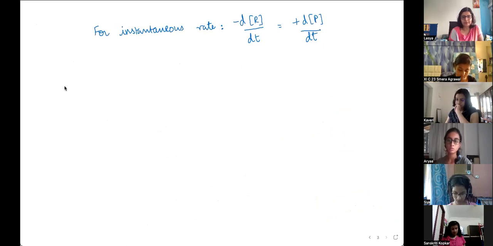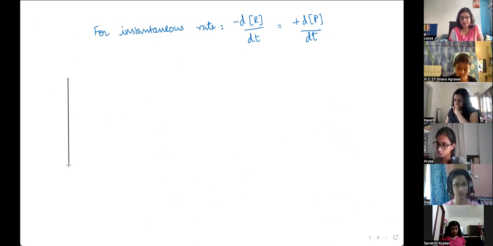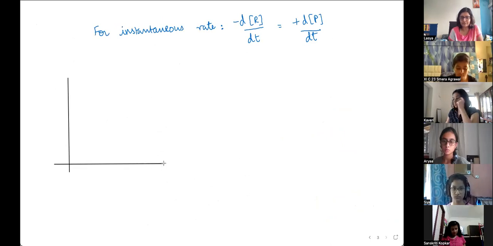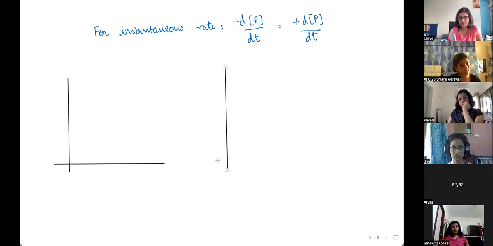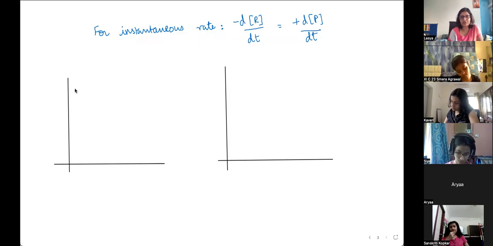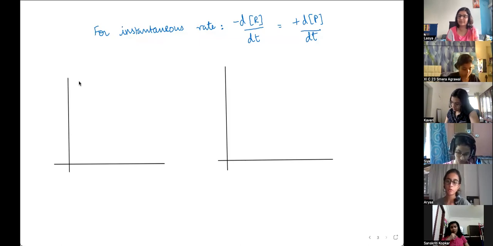Experimentally, if we plot a graph of the variation in the concentration of reactants and the concentration of products, this is the sort of graph that is observed. In both cases it's an exponential curve, not a linear curve, though it depends from reaction to reaction.